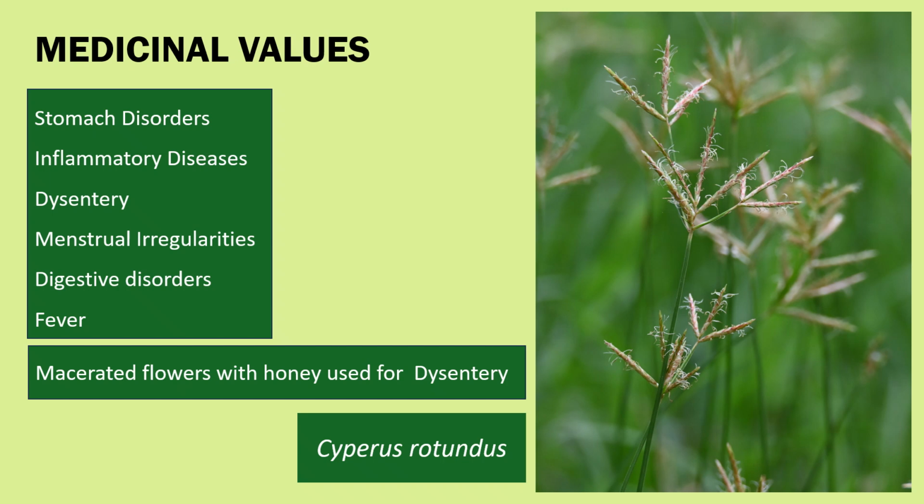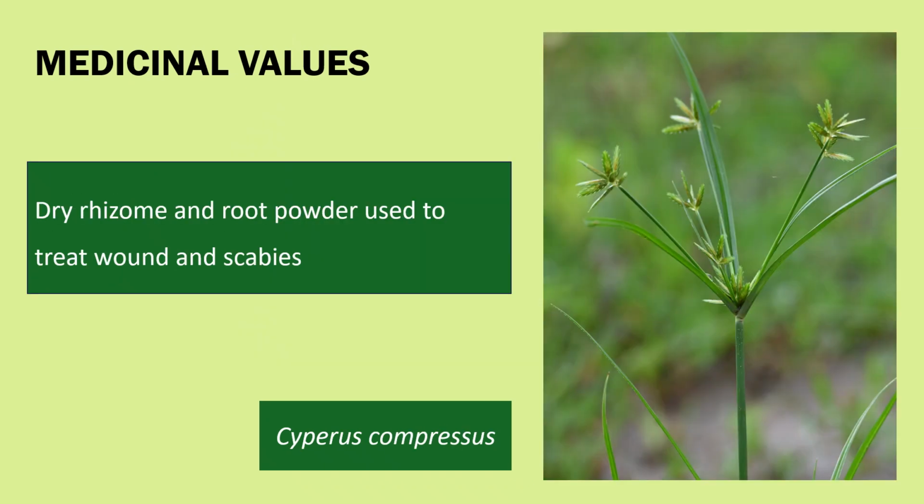For all these problems, the plant is used in different modes. For example, the macerated flowers are used with honey for dysentery. This is one example of a mode of use for this plant. So this is a very important family of plants.